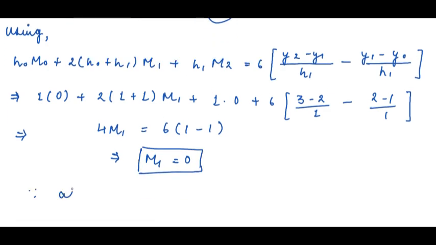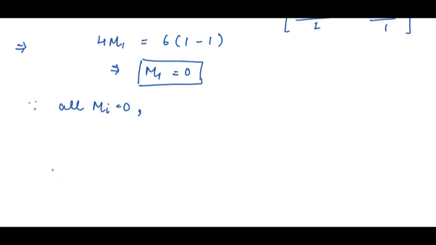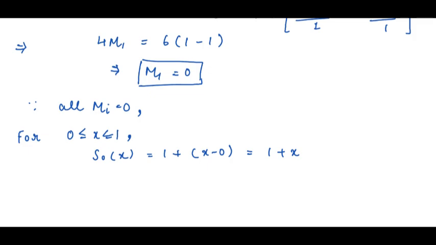And since all mi are 0, the cubic spline reduces to linear pieces. For x between 0 and 1, we have s0(x) equals 1 plus (x − 0), so s0(x) becomes 1 plus x. And for x between 1 and 2, we have s1(x) equals 2 plus (x − 1), which is x plus 1.